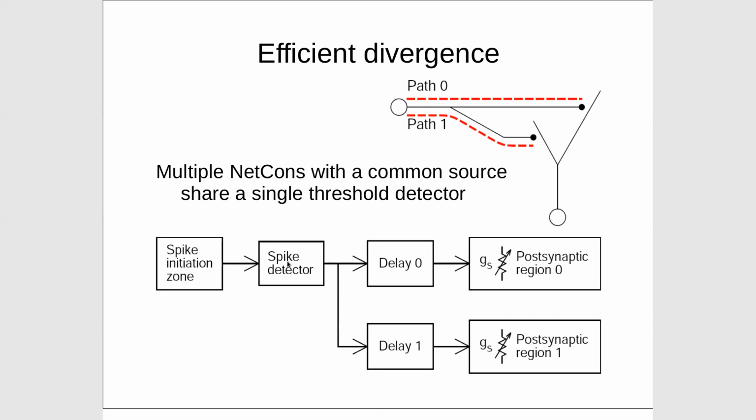They're all going to use a shared spike detector, a point for reducing overhead slightly. And each one of those paths, each one of those NetCons can have its own delay and its own weight and target its own synaptic mechanism. And that synaptic mechanism could be on a different branch of the same cell or a different cell. Okay?